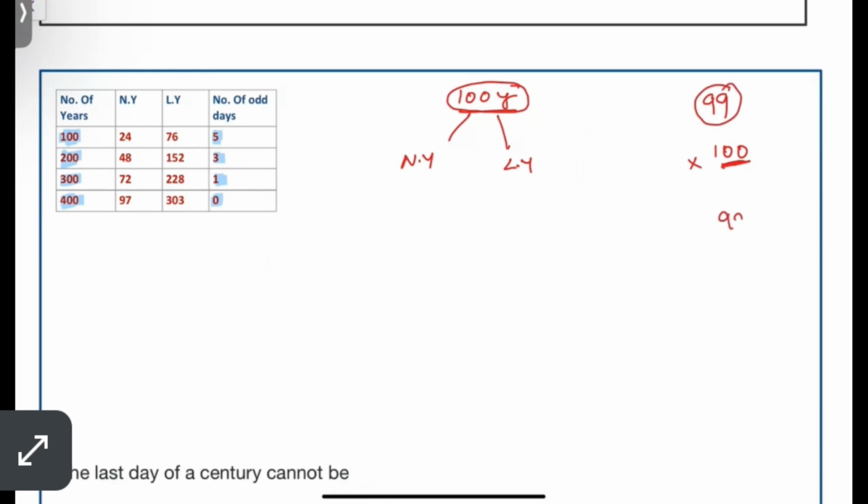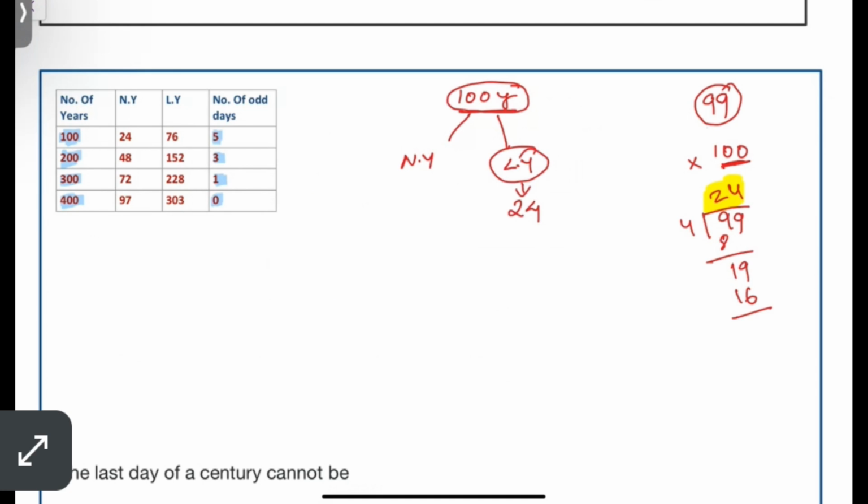Till 99 years, I'm checking how many leap years there are. I'm dividing by 4. 4 twos are 8, which means 1, 9. 4 fours are 16. The remainder we leave, what we need is this one only. So we have 24 leap years.